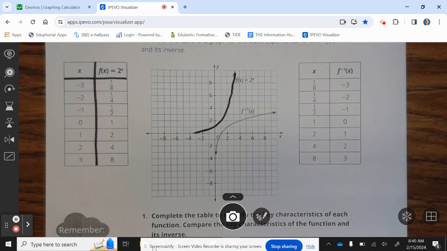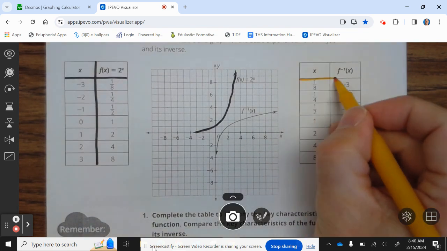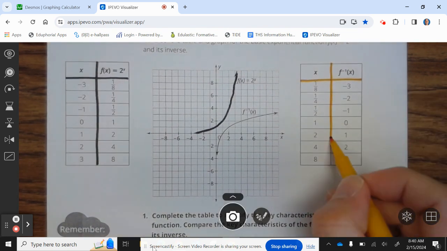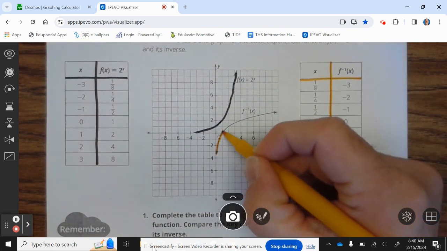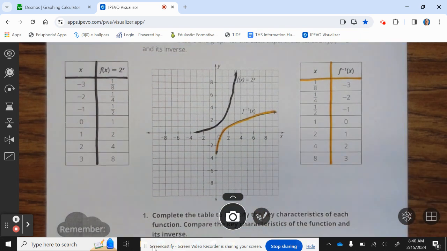Okay, and then we have the inverse, which is right here. Go and look over the graph of f of x and f inverse of x.